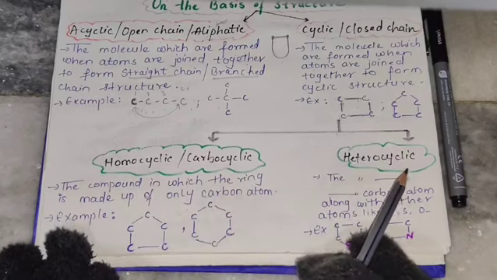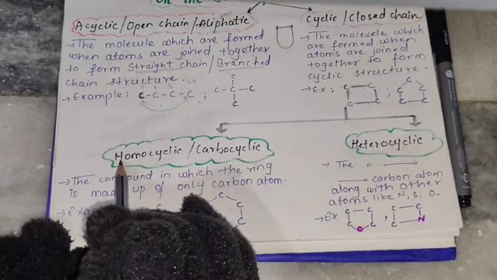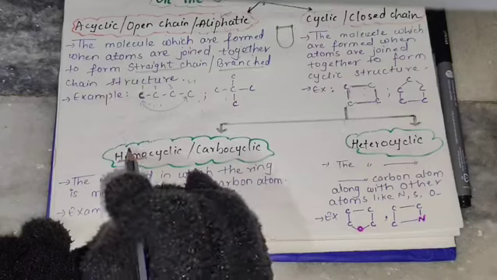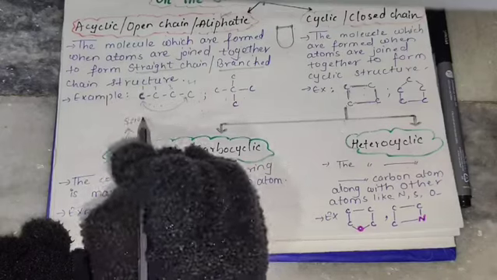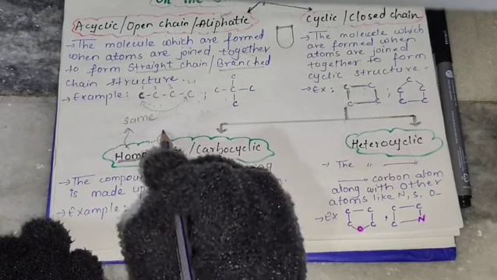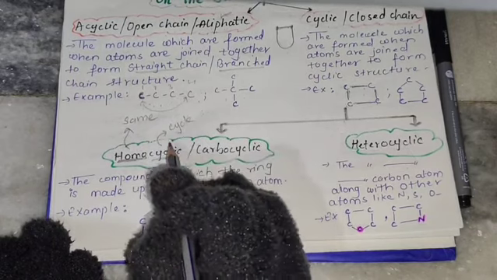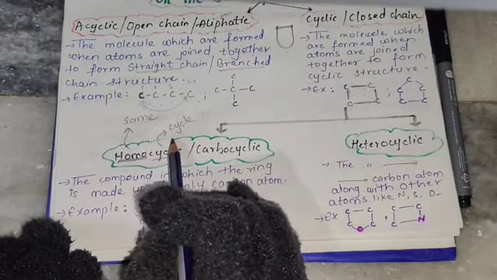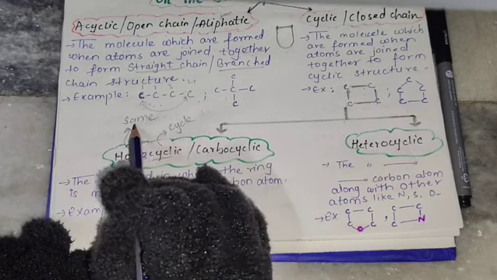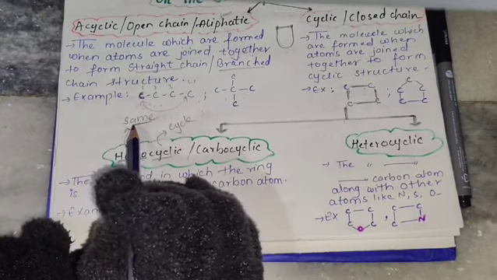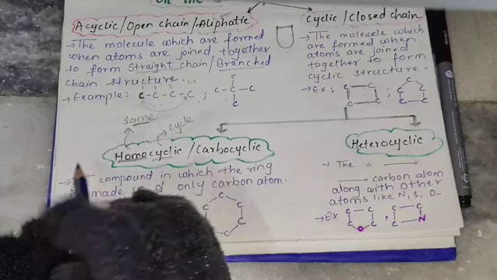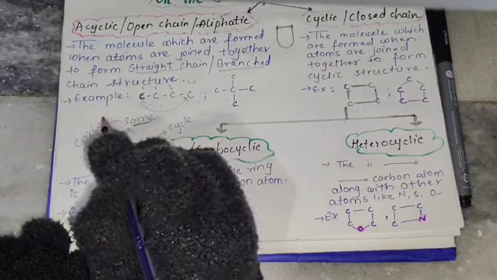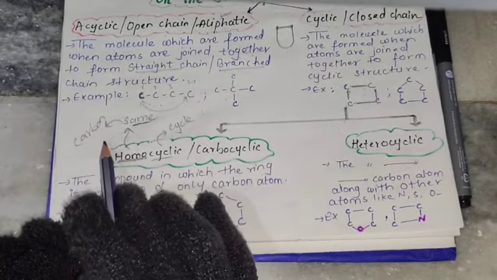From the name itself, it is clear that homo means same, and cyclic means cycle. That means here also there will be a cycle because it is a type of cyclic compound, but this cycle is formed from the same kind of atom, and that atom will be carbon, because we are learning about organic compounds.